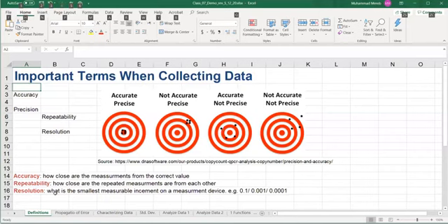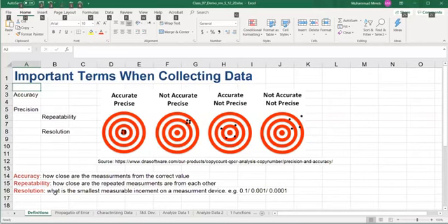Resolution can depend on the instrument that you use. That's mainly the smallest measurable increment for your device. Does it measure in tenths, hundredths, or thousandths? It depends on the smallest value the instrument can measure.